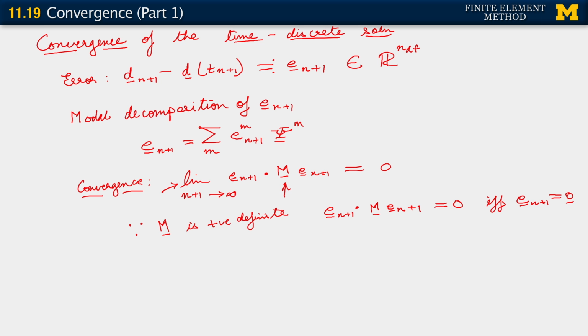But more importantly, we are not going to work in this form. We're not going to work with E dotted with M E. We're going to work in terms of modal coefficients because our entire analysis has been in terms of modal coefficients.